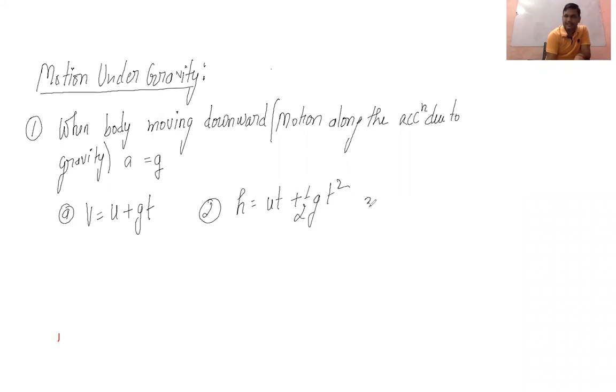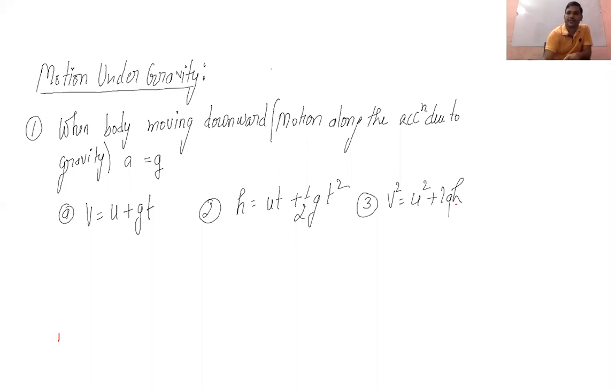The third one, v square equals u square plus 2a, can be written as v square is equal to u square plus 2gh. These are the cases of motion under gravity when the object is moving vertically downward.